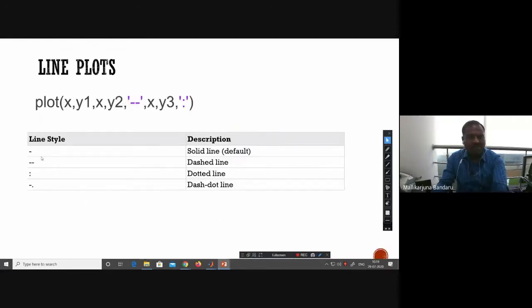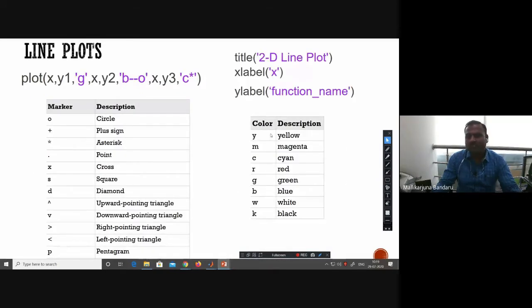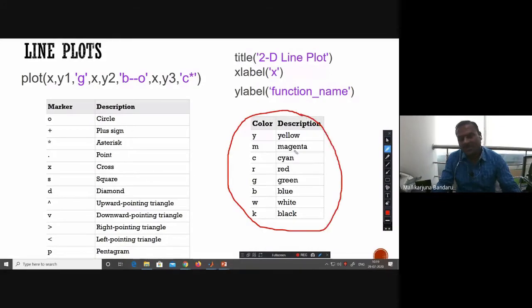See, these are the different styles available to use in MATLAB: solid line, dashed line, dotted line, and dash-dot lines. These are the styles. So any combination if you want, you can take. Next, the colors. So these are the colors: yellow, magenta, cyan, red, green, blue, white, and black.